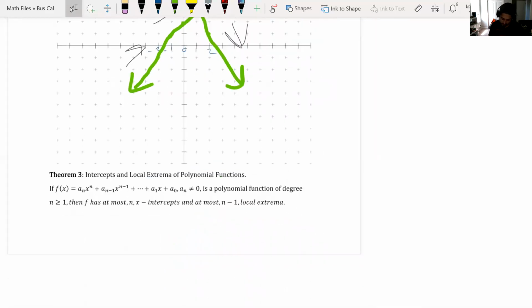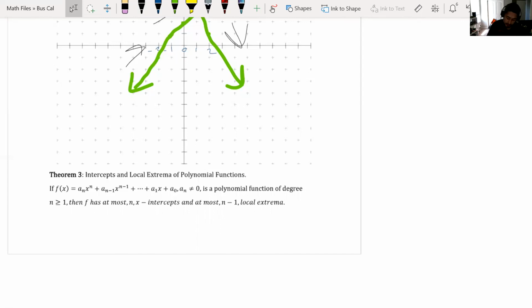Okay. Let's see, bottom one, intercepts and local extrema, another theorem. If you have a polynomial of degree 1 or higher, then you will have at most n x-intercepts and n-1 local extrema.